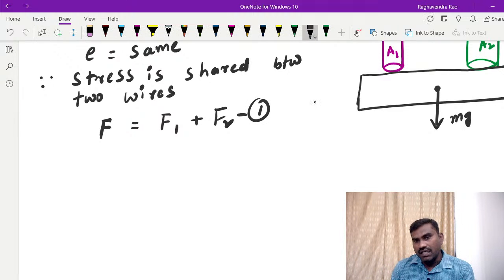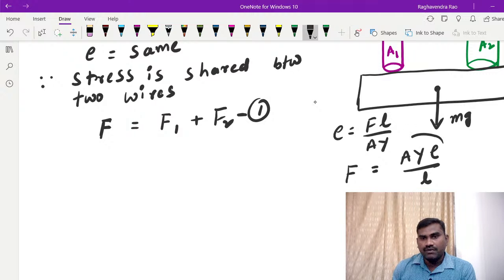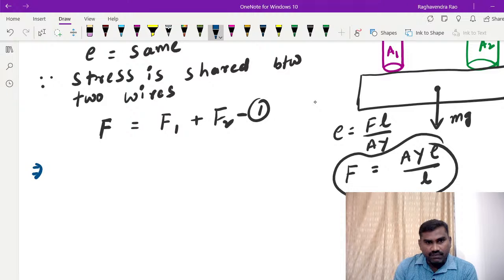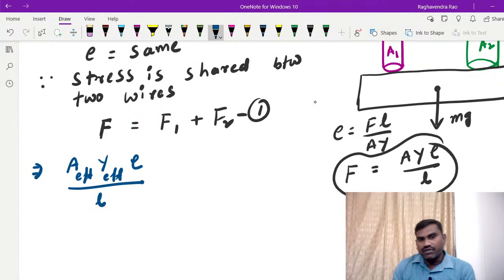As we know, elongation is equal to F L by A into Y. From this we can write F is equal to A Y E by L. Now in this expression, in place of F, we first write F1 and F2, because A is different and Y is also different, the elongation is the same, and the length is also the same.